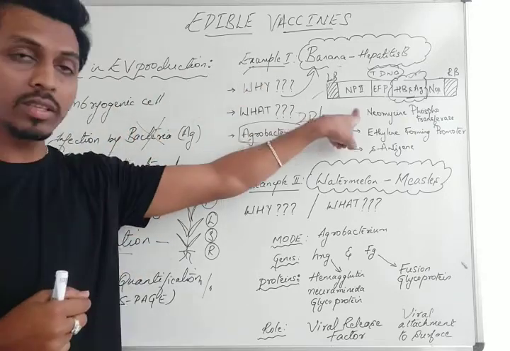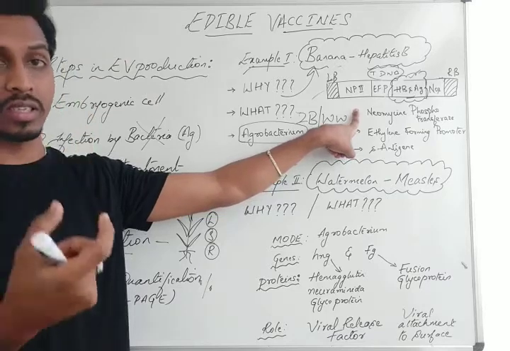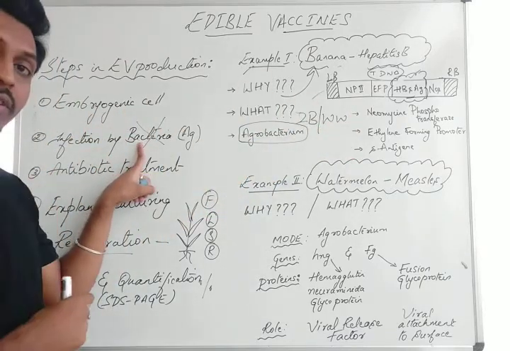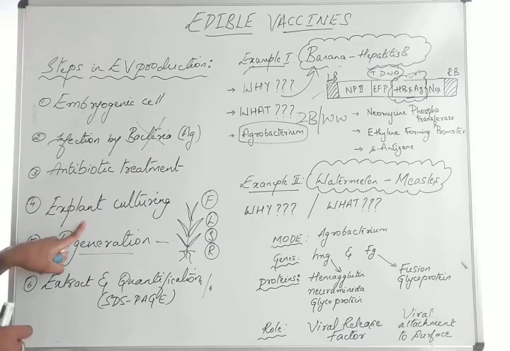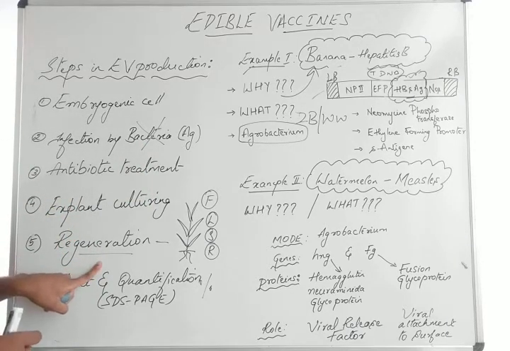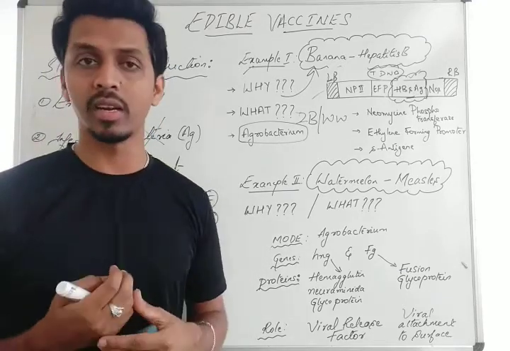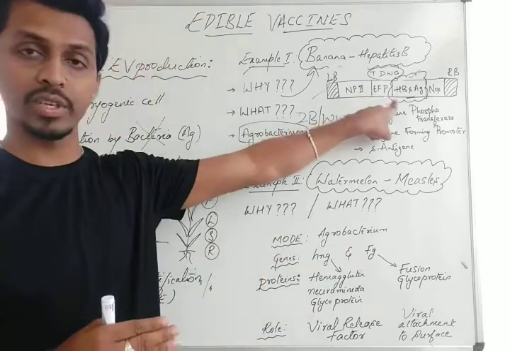Now take this segment in the form of bacteria, and allow them to infect. Once it infects, I kill the bacteria and go for explant culturing. I get a complete plantlet, and the fruit, the banana, shows the antigenic property.